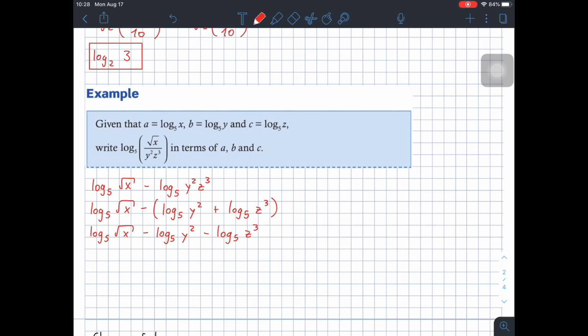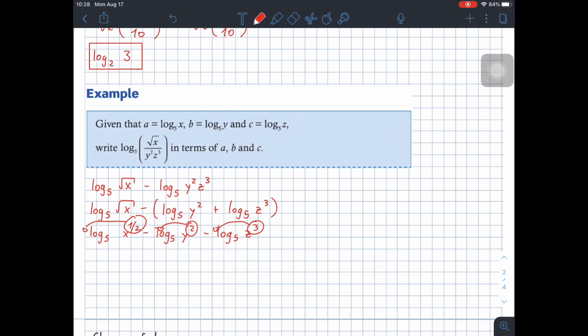Okay? Finally, what I can do is rewrite this square root of x. I'm going to use the exponent form. This is x to the power of 1/2 because I will now be using the third law, right? Which says that if I have an argument to the power of something, I can take that exponent to the front, right? I can do the same thing here and here.